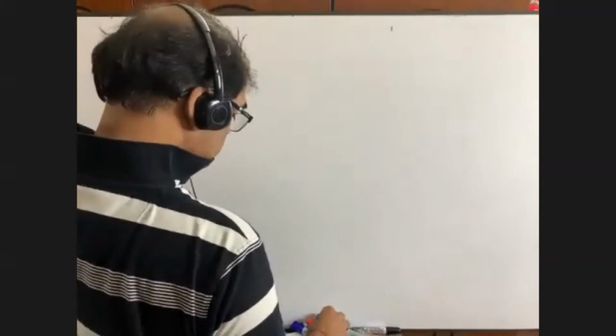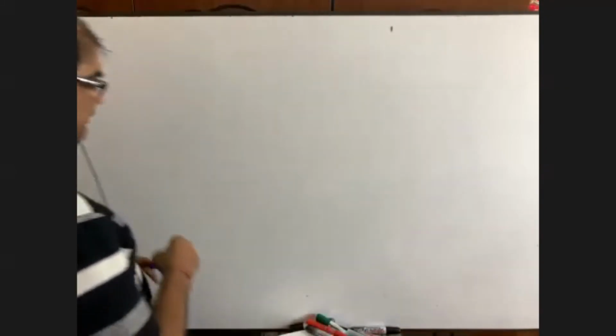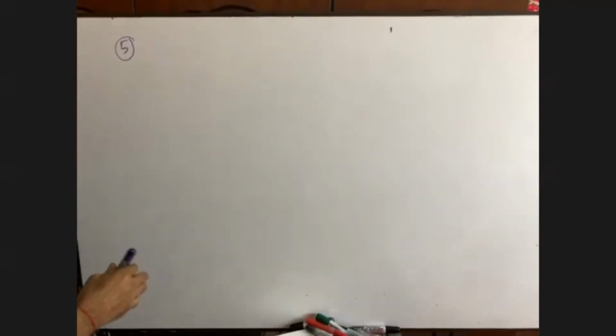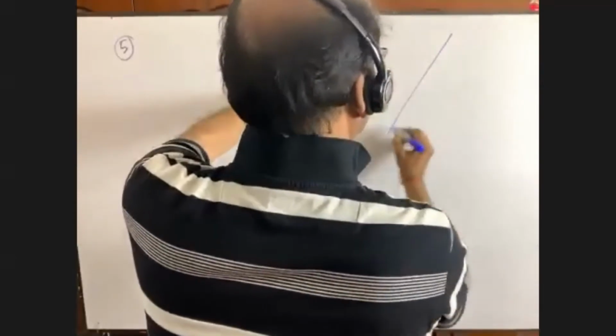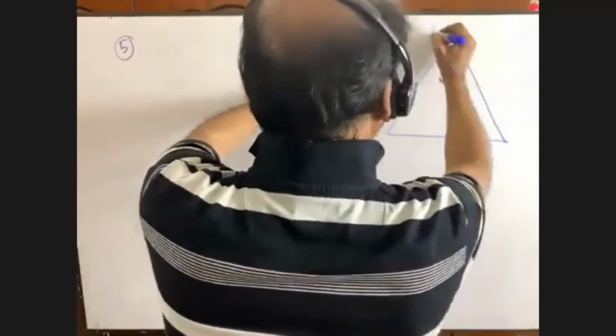We are going to question number 5 now. Pay attention, number 5. Important and a little bit hard. The medians AD and BE of the triangle ABC. Okay, suppose it is a triangle ABC.